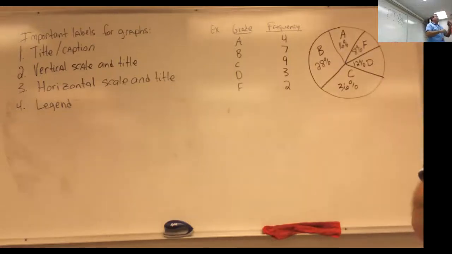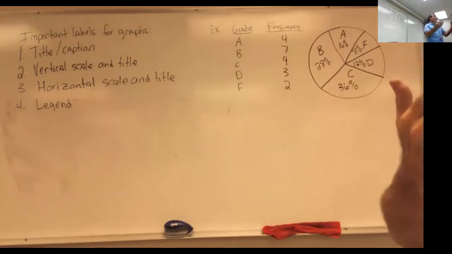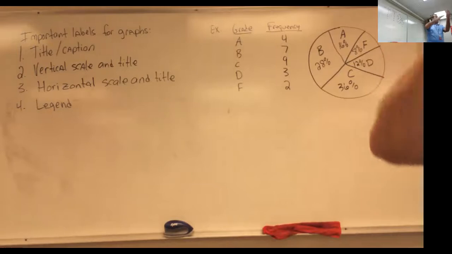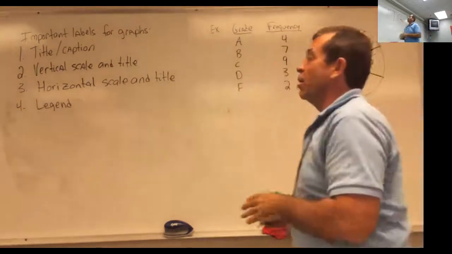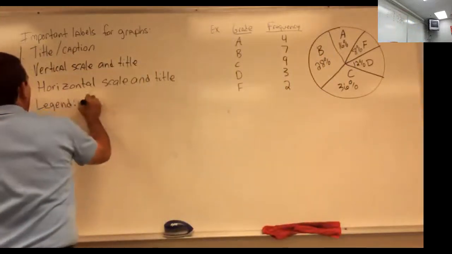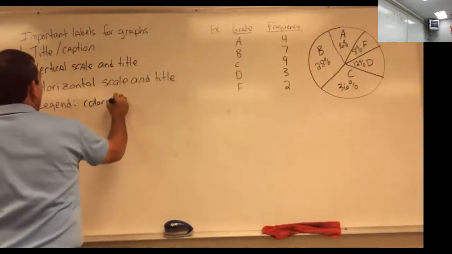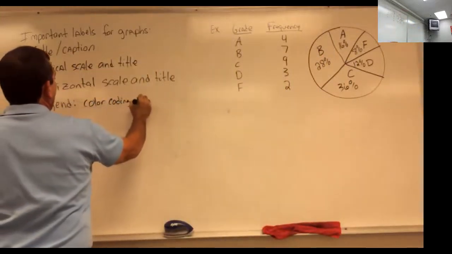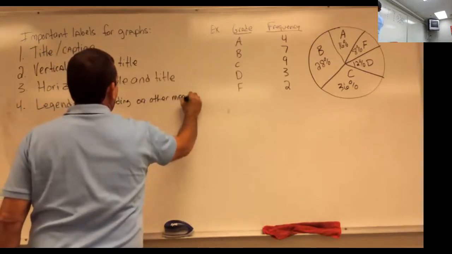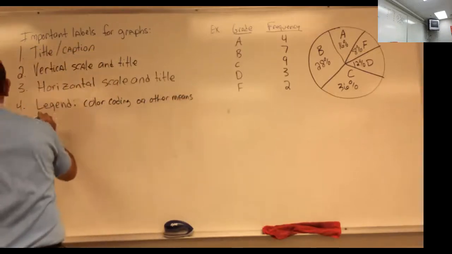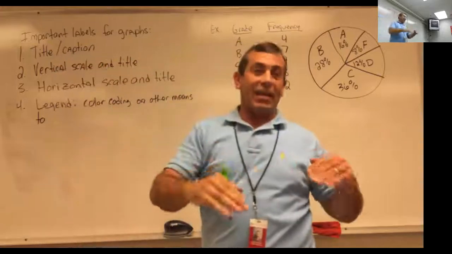If I was comparing maybe men and women, I might have the blue bars for the women and the red bars for the men. And I'll compare that on each of my grades. So this could be like color coding or other means to distinguish between different data sets.